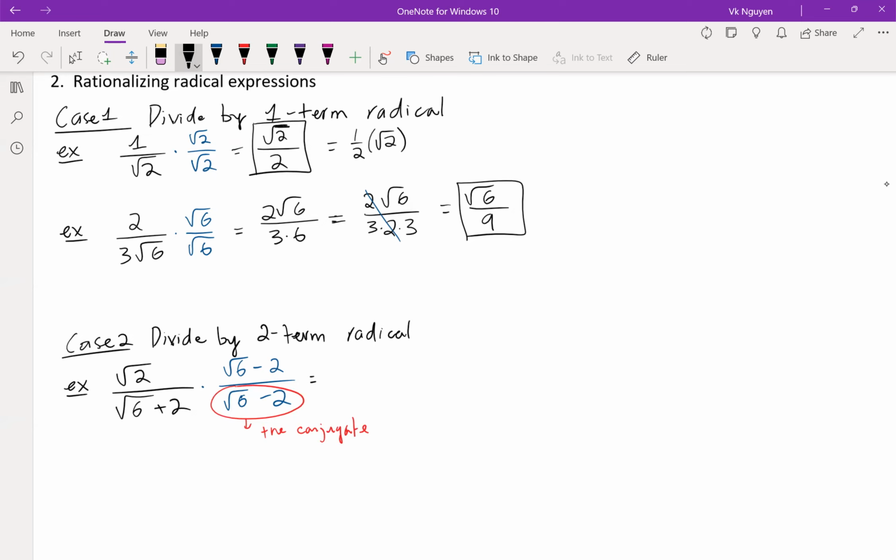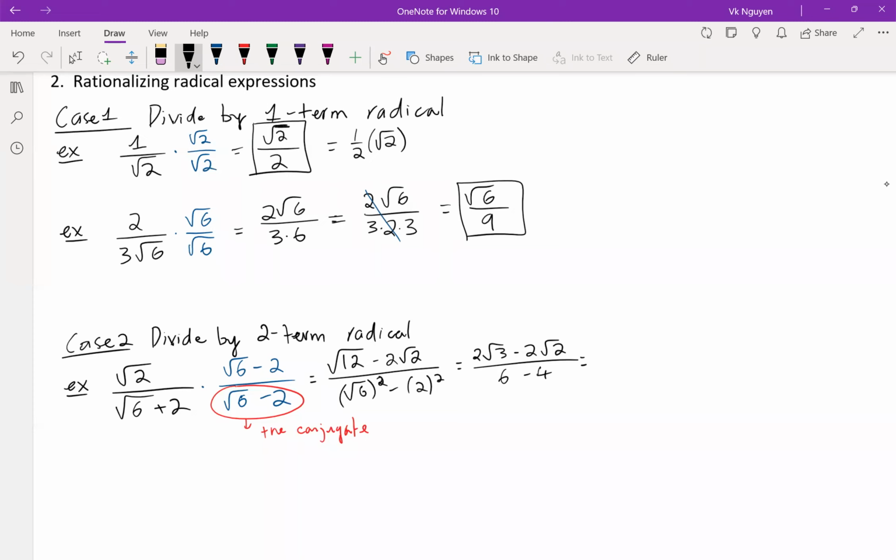Root 2 times root 6 is root 12. Root 2 times negative 2 is minus 2 root 2. On the bottom, we have root 6 squared minus 2 squared. Root 12 is root 4 times 3, so 2 root 3 minus 2 root 2 over 6 minus 4.